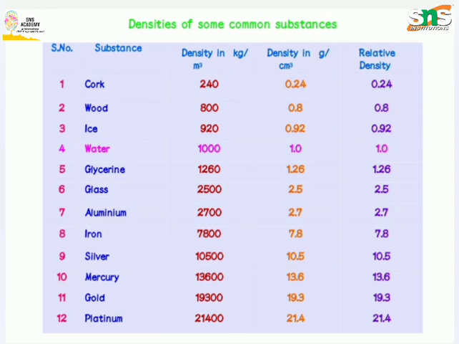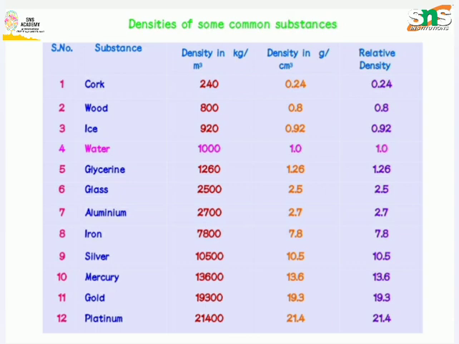Water, 1000 by 1000 is 1. For glycerin, 1260 divided by 1000 is 1.26. Glass, 2500 divided by 1000 is 2.5. For aluminium, the density of the substance is 2700, so divided by 1000, 2.7 will be the relative density. For iron, it is 7.8. For silver, the relative density is 10.5. For mercury, 13.6. For gold, it is 19.3. For platinum, it is 21.4.